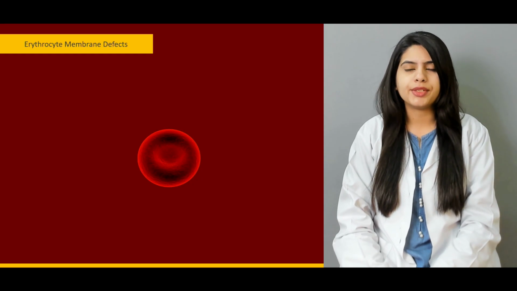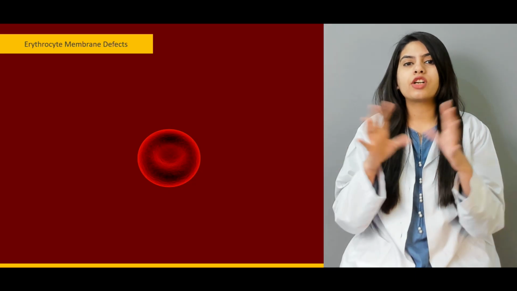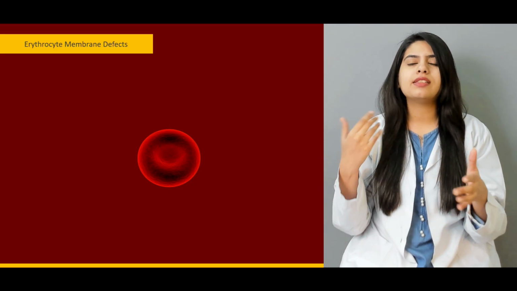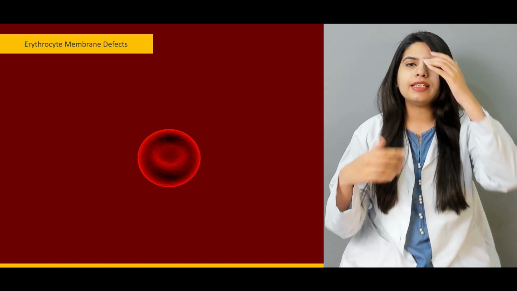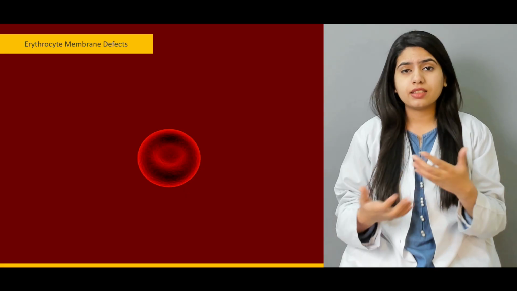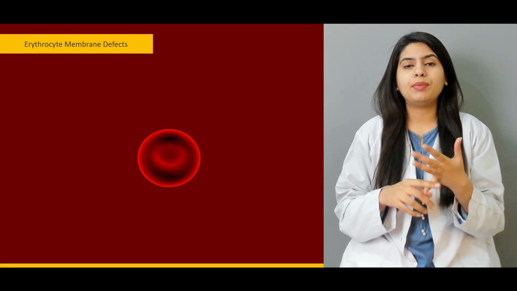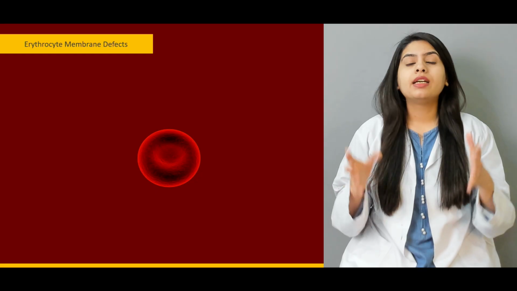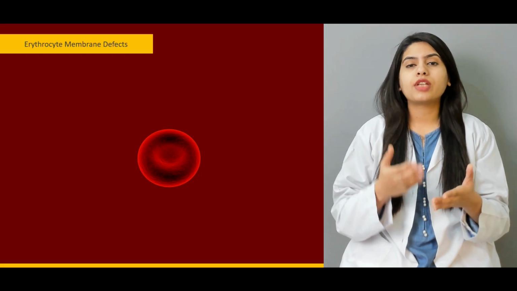Whenever this structure is altered, either by a deficiency in ankyrin or by some excess deposition of the lipid layer of this cell membrane, there will be an erythrocyte membrane defect.